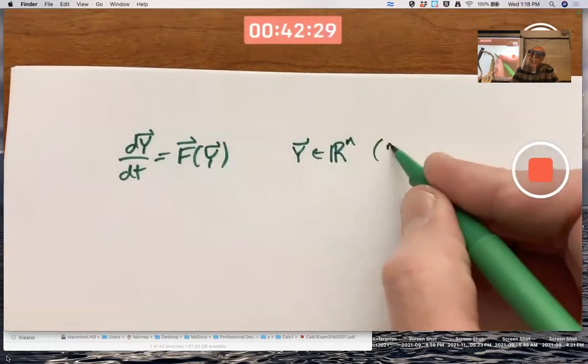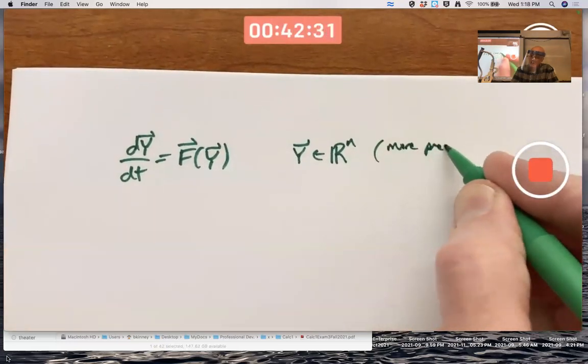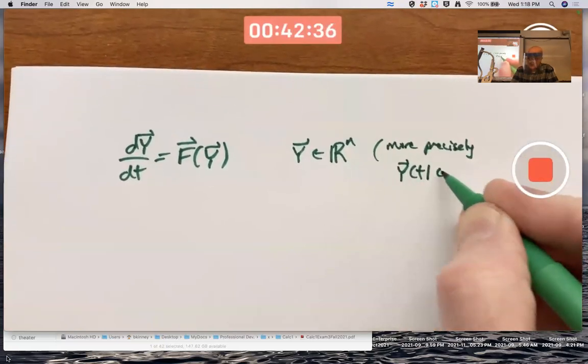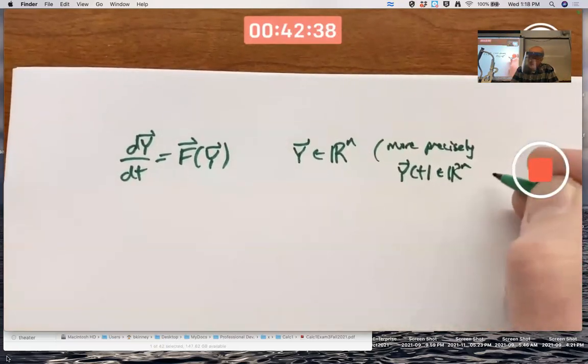More precisely, y of t is a vector in Rn for all t.